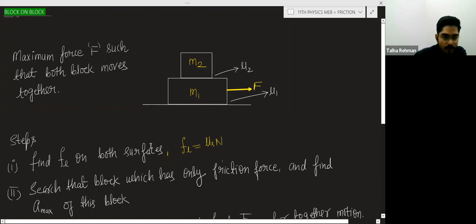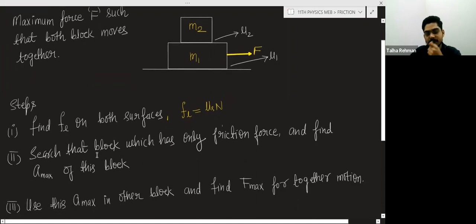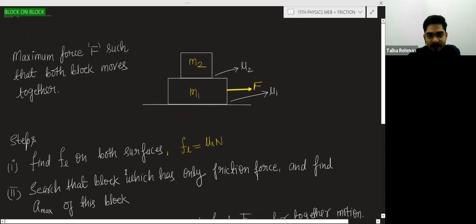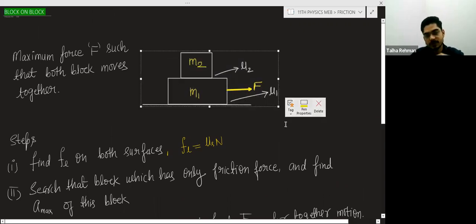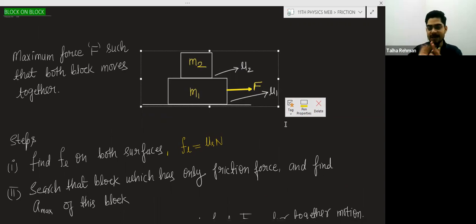That is the first step. Now in the second step, search for the block which has only friction force and find the maximum acceleration of this block. Basically, we will see on which of these two blocks there is only friction force, and with the help of that friction force, we will calculate the acceleration.